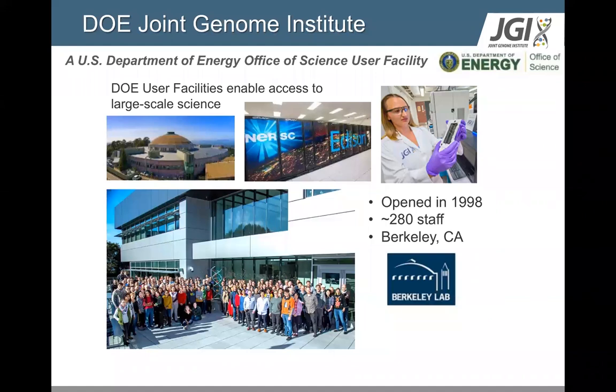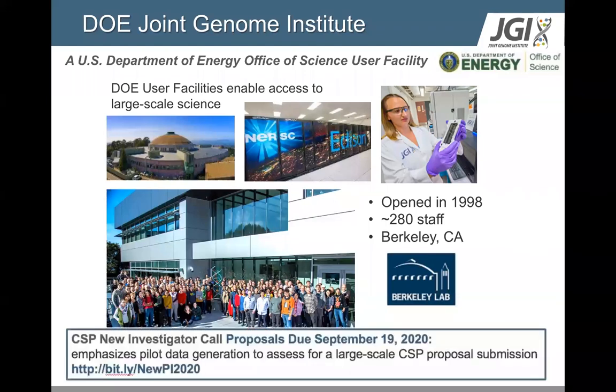We opened in 1998. We have approximately 280 members on staff, and we're located on the Lawrence Berkeley National Lab campus in Berkeley, California. If you're interested in learning more about how to gain access to JGI's large-scale genomics capabilities, as well as its other portfolio of products, please visit our website, and I've provided a link below.